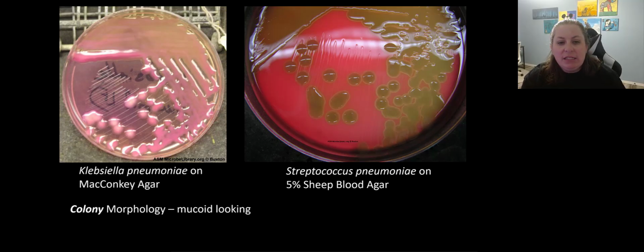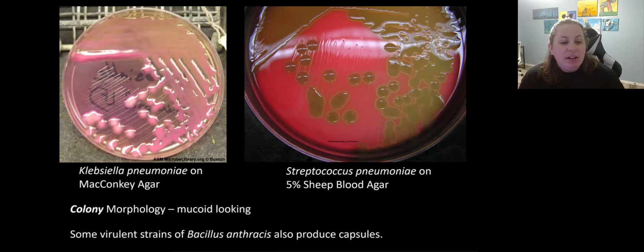Another one here is Streptococcus pneumoniae. This is being grown on a 5% sheep blood agar. So the agar has sheep's blood in it. That's why it's red. And it also has this mucousy type structure to it. So the colony morphology gives what we call a mucoid look on the plate.